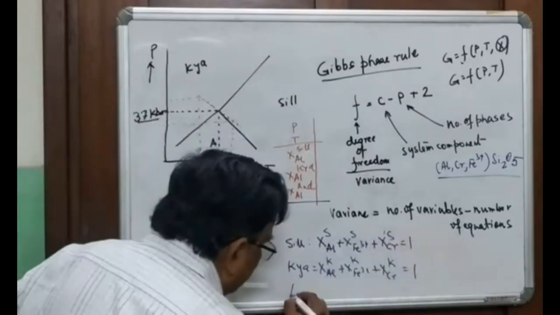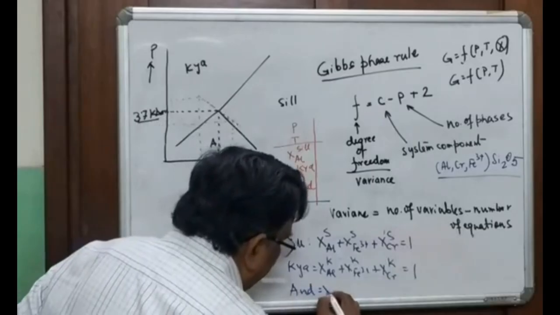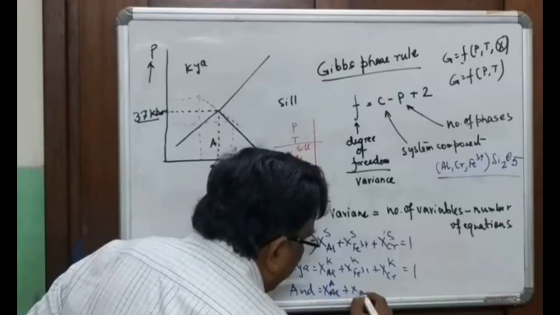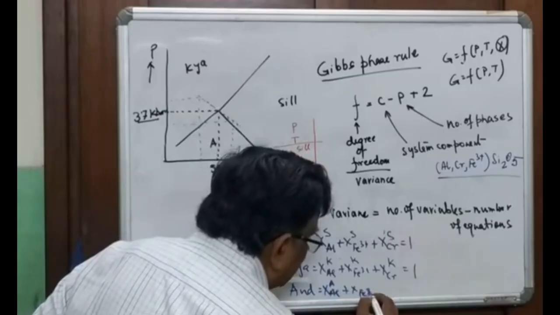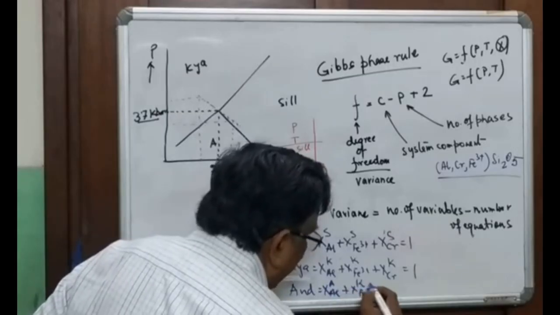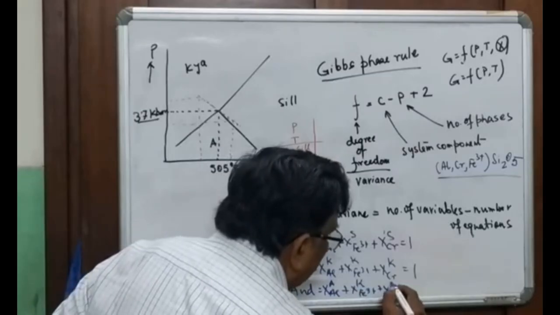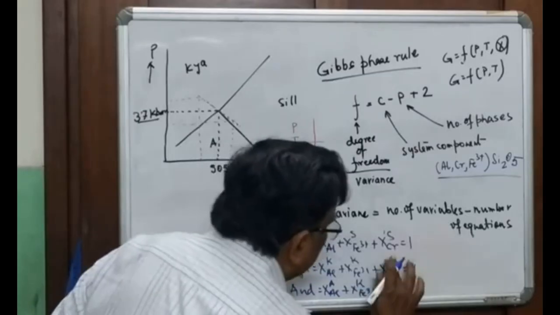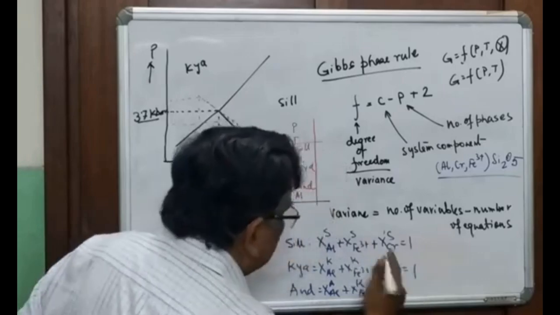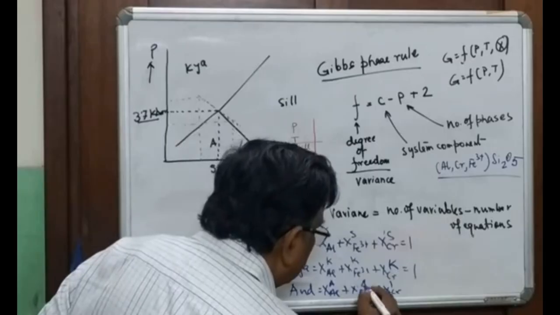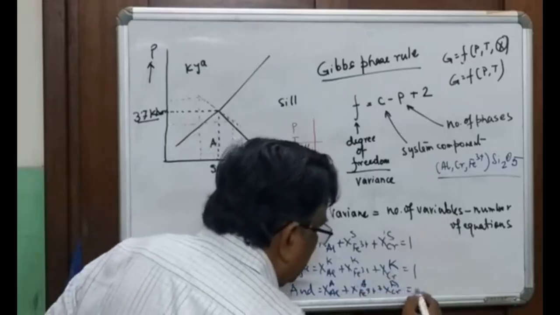And then you have andalusite: XAl andalusite plus XFe3 andalusite plus XCr andalusite, equal to 1. Sorry, this would be andalusite.